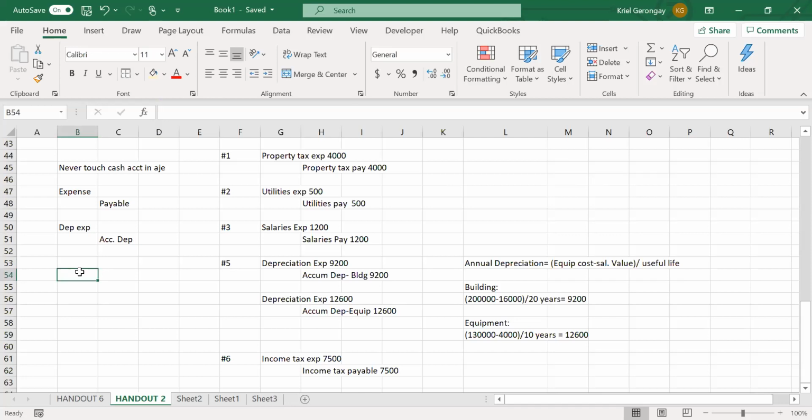So I know that you may think that cash has a value in it, but cash is only supposed to be increased or decreased when you're either paying for something or receiving income. So that's like a debit and a credit. But when you're adjusting entries, the reason why you don't touch the cash account is because you're adjusting it at the end of the year to either a payable or you're recognizing an expense that you haven't paid yet.